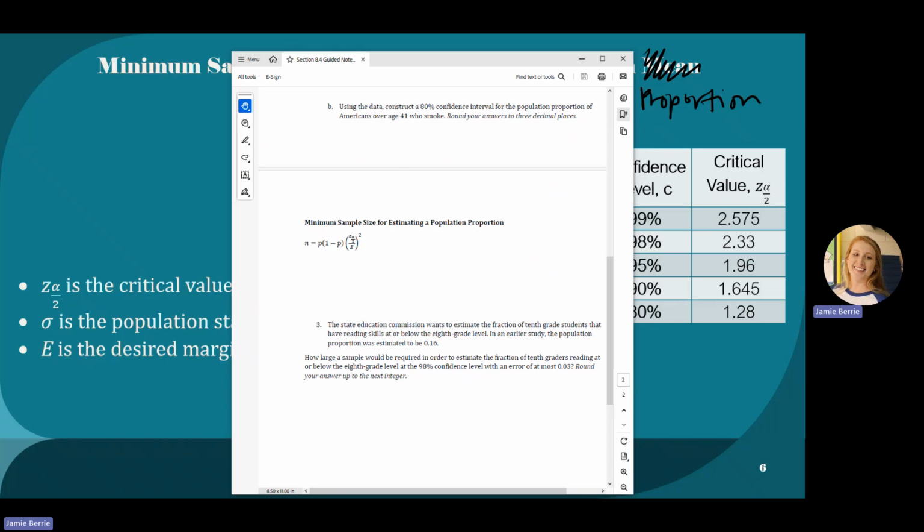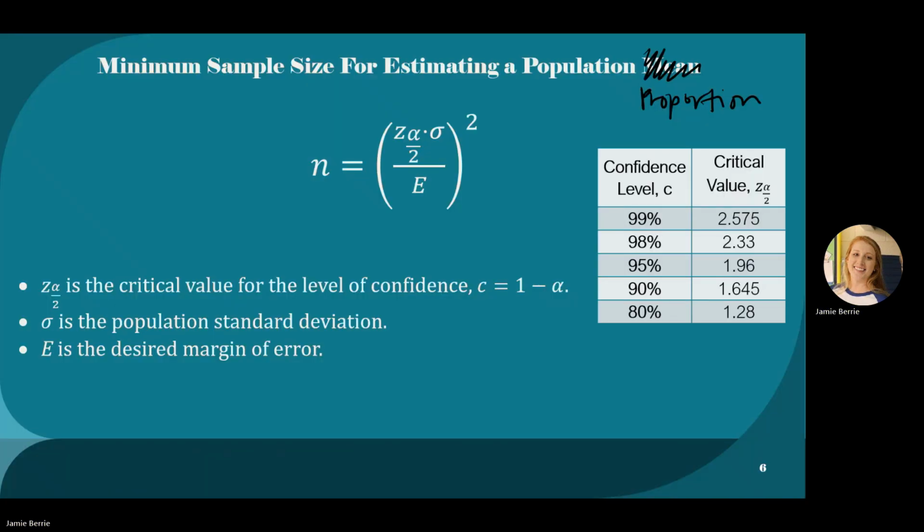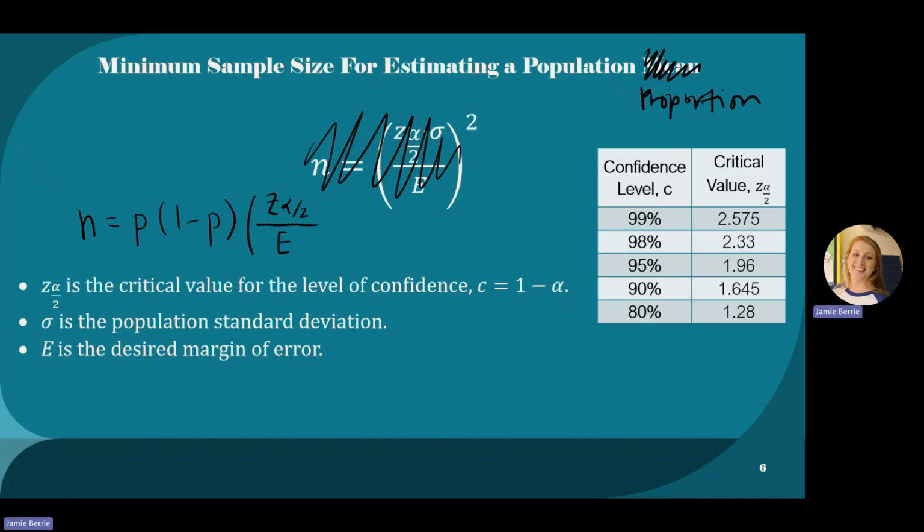All right, let's fix that. All right, so here's our formula. N equals P times 1 minus P times the critical value Z sub alpha over 2 over the margin of error E all squared.